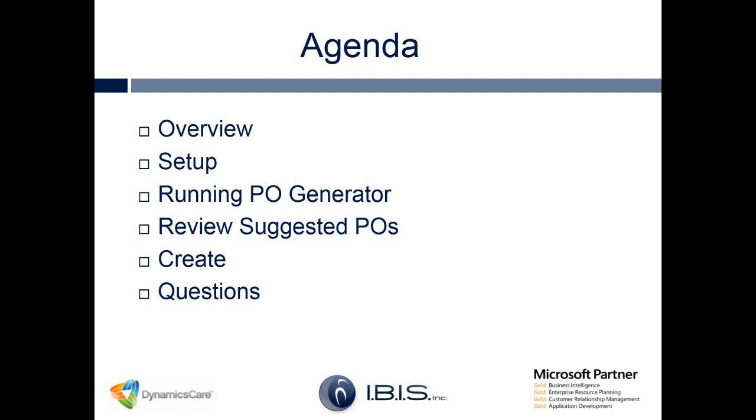We're going to walk through the running of the PO generator. We're going to look at the review of suggested purchase orders. Then we're going to go ahead and create purchase orders. In purchasing, we're going to review those created purchase orders. At the end, we're going to walk through everything we just covered, and then we're going to address questions.